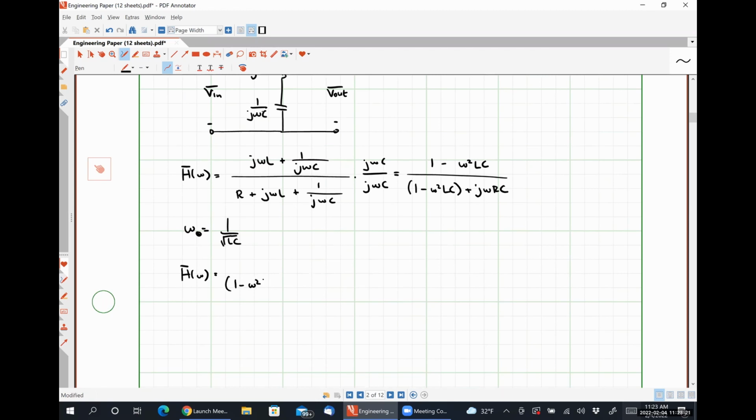1 minus omega squared LC plus j omega RC times 1 minus omega squared LC up here. Multiply this guy by 1 minus omega squared LC minus j omega RC, divided by that same quantity.